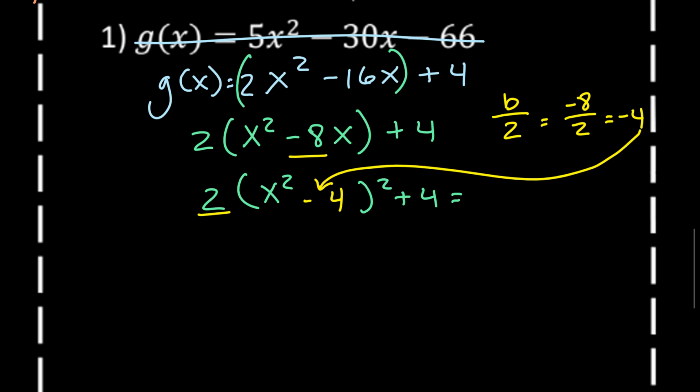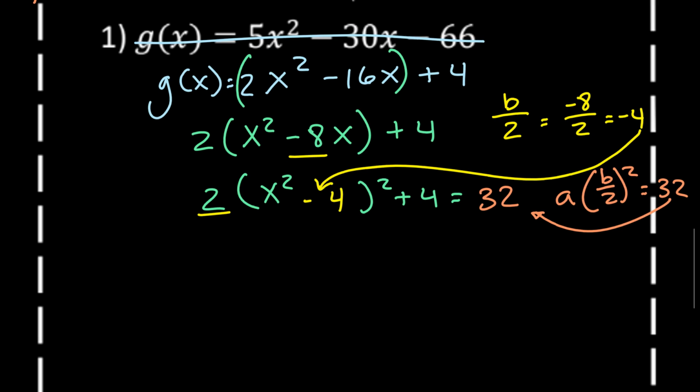Now, if you're a fan of formulas, the formula for that is a times b over 2 squared. I am not a fan of formulas, so I will not be writing that every time. Instead, I asked myself, what is happening to the negative 4? It's being squared and multiplied times 2.